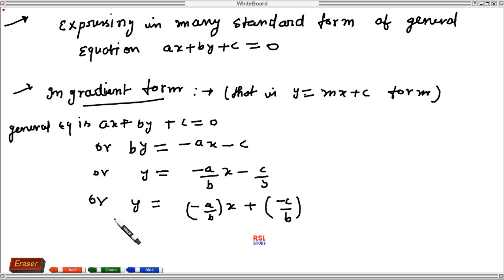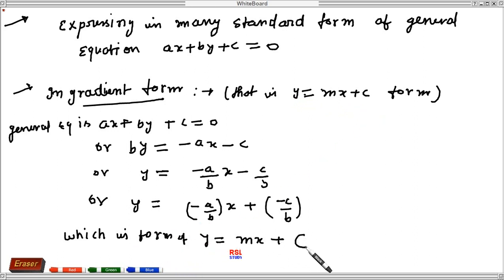This looks the same as the general equation of the gradient form, which is y equal to mx plus c.